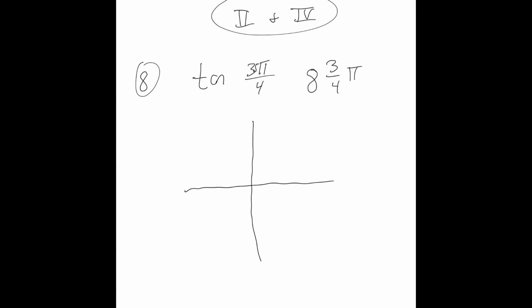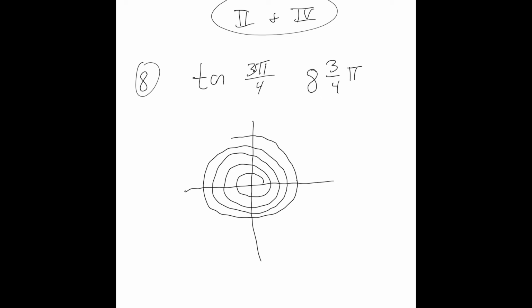A full circle is 2 pi, so 2 pi, 4 pi, 6 pi, 8 pi, and I need to go 3/4 of a pi more. Anytime you have coordinates right in the middle here, it's those √2/2's. This is the 2nd quadrant, so that's a negative, positive: negative √2/2, positive √2/2.